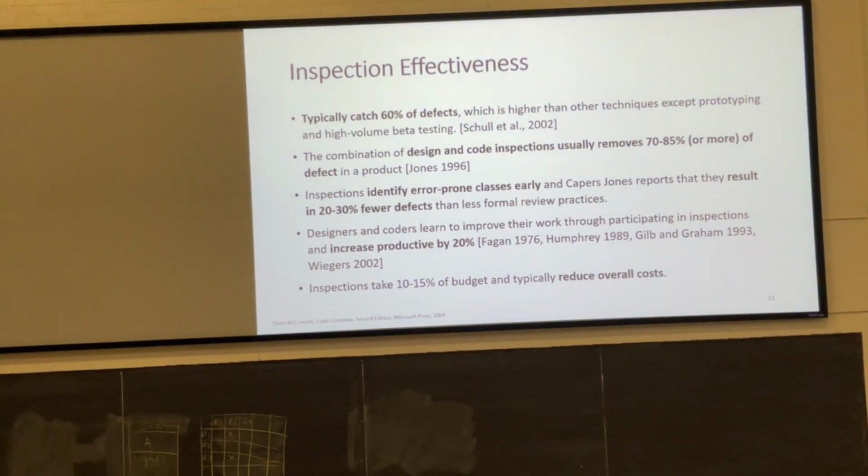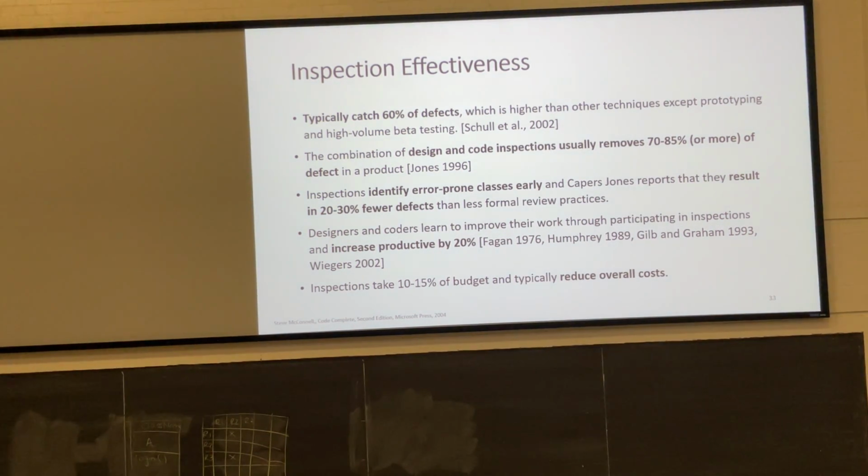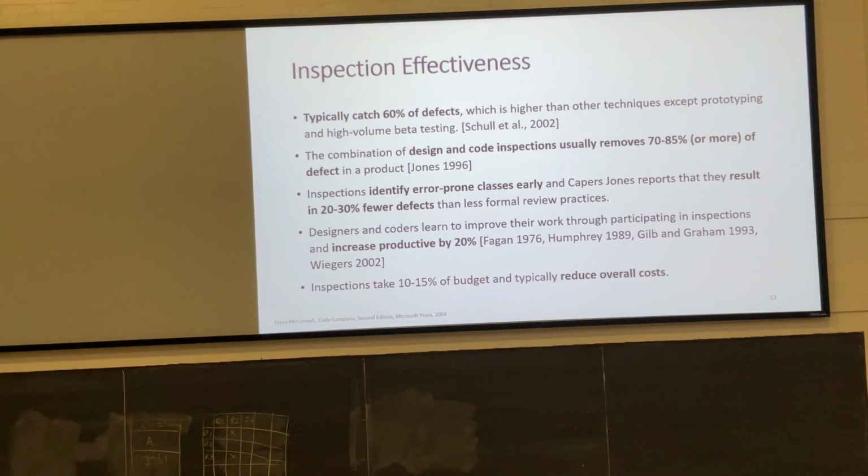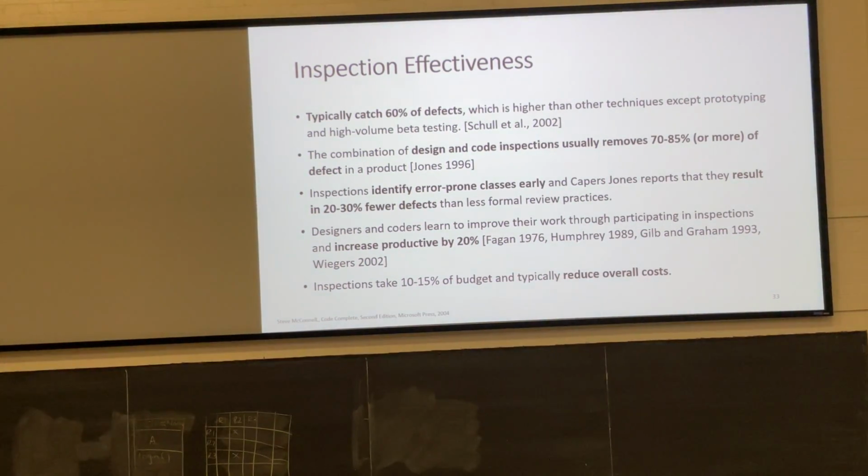I'm not going to go through all of these, but research has shown that inspection, meaning reviews, probably not walkthroughs in the rigorous sense, captures about 60% of defects, in addition to other techniques, except for maybe things like prototyping and high volume beta testing.